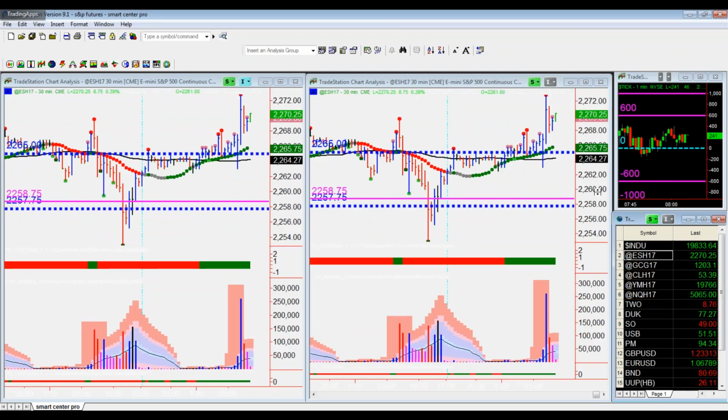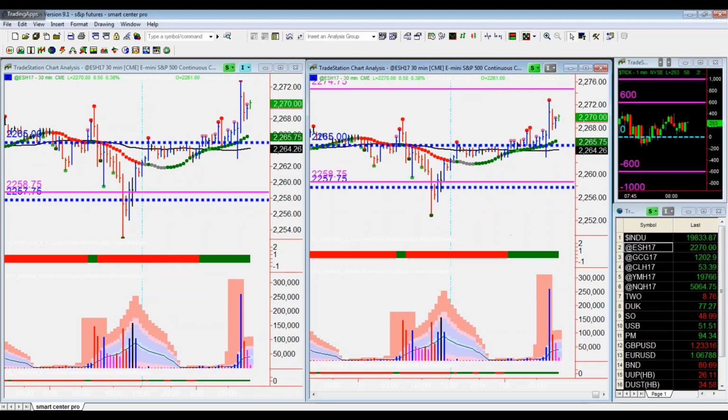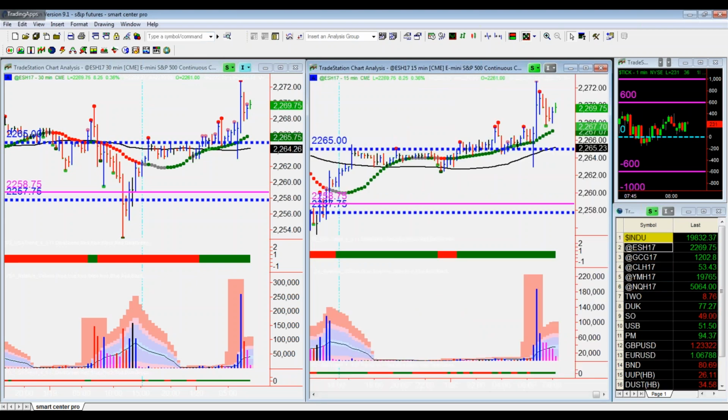Looking for some evidence for this thing to lift through at 65 on the NASDAQ. $230 will help. 15-minute chart.